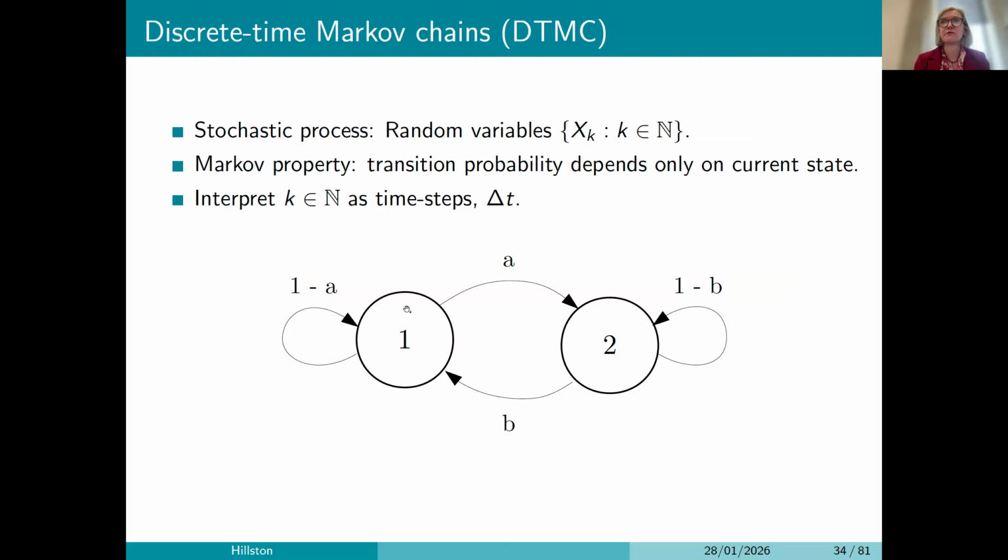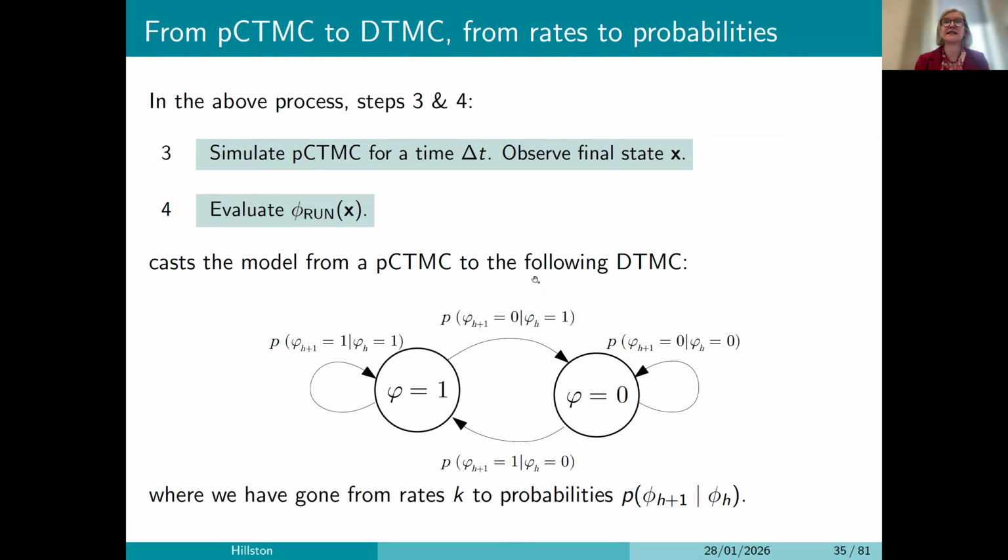We have that history step, so we have a DTMC here that's saying 1, I think here is run, and we look at the previous step as well, and 2 is tumble, and we want to estimate the structure of this DTMC. So instead of doing this whole simulation and observing the final state, we just want to simulate this very much simpler DTMC and just make the choice, are we running or tumbling in this case?